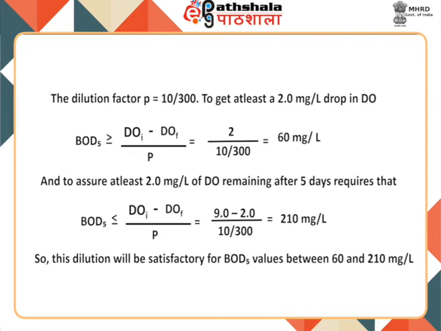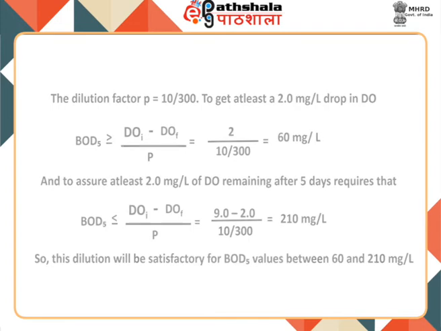And to assure at least 2 mg per liter of DO remaining after 5 days requires BOD5 should be less than DOI minus DOF, which is 9 minus 2, divided by the dilution factor, and it comes out to be 210 mg per liter. So this dilution will be satisfactory for BOD5 values between 60 and 210 mg per liter.